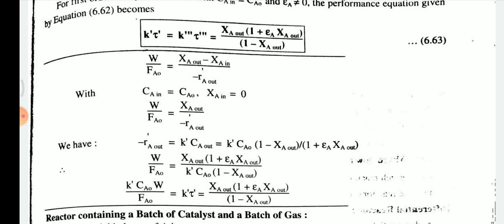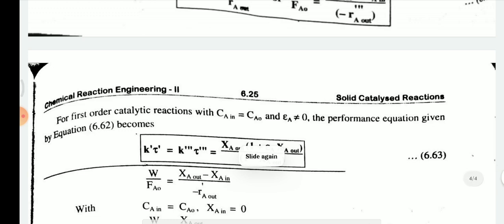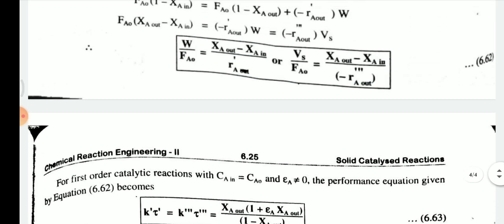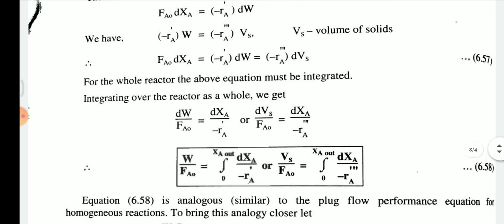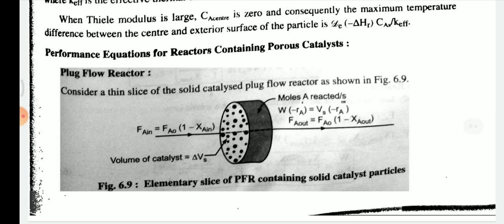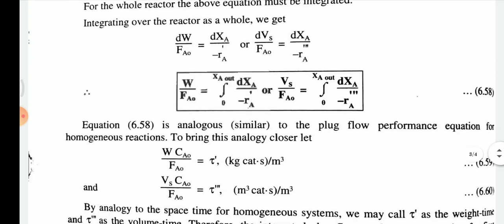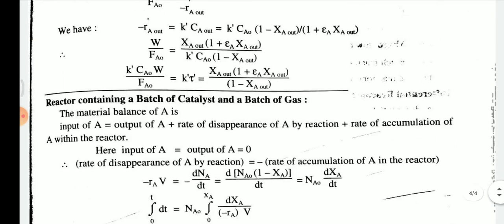So the final equation is K dash CA0 W upon FA0 equal to K dash tau dash equal to XA out into 1 plus EA XA out divided by 1 minus XA out. So do this calculation in your own words so you can easily understand it. Basically it is derived from the plug flow reactor, and only the plug flow equation is asked in GTU. So these are the equations of plug flow and mixed flow.